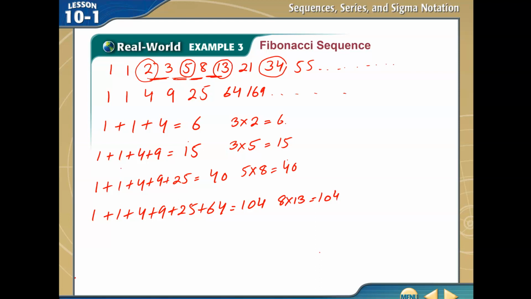I will also share a video with you from YouTube, and that video will show you very interesting applications connected to the Fibonacci sequence. One example I can give you is flower petals.